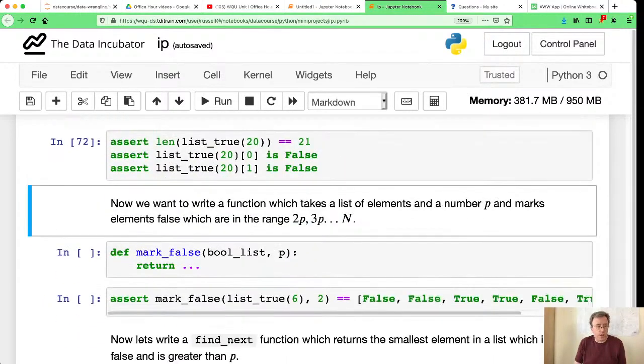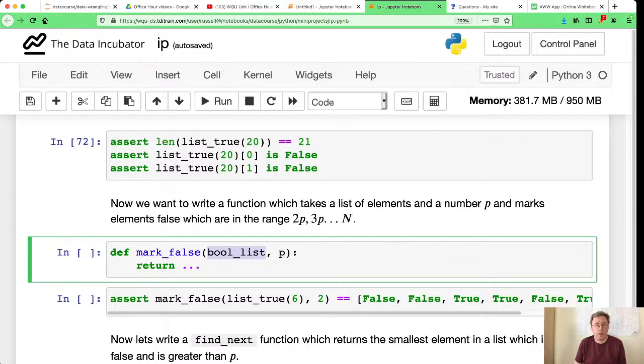I want to make this next function that says mark false is going to take in a list. It's going to take in a value p. I'm thinking here, well, we're using p because generally we're thinking p is a prime number, although it doesn't have to be. All right, this will work for any value p. What do I want to do?